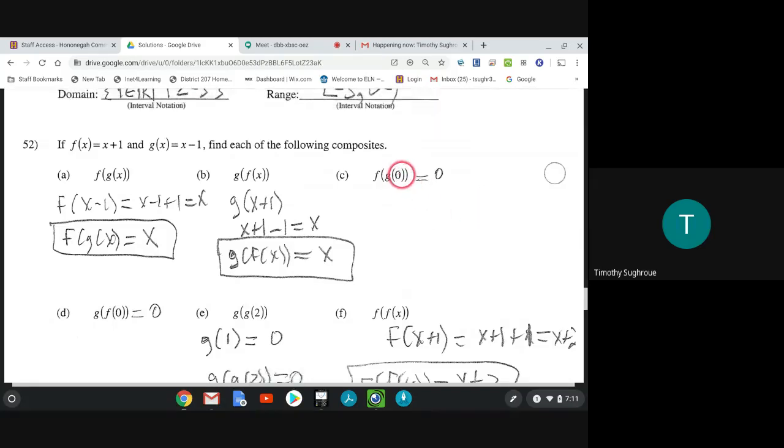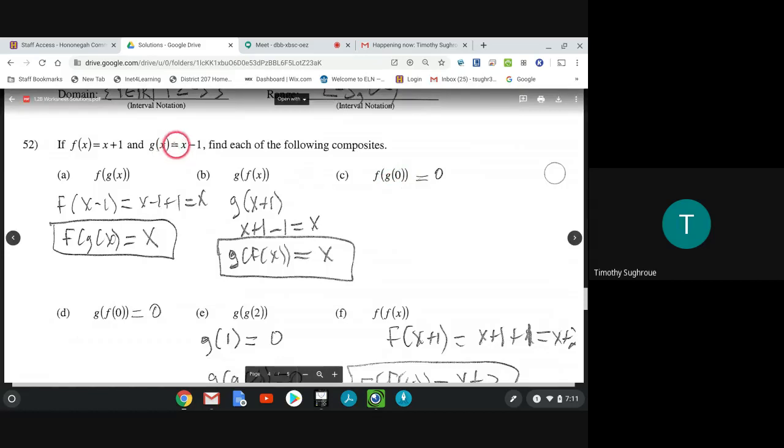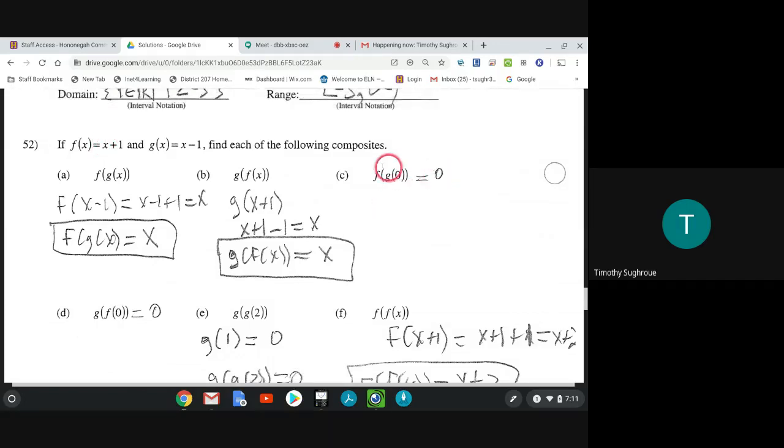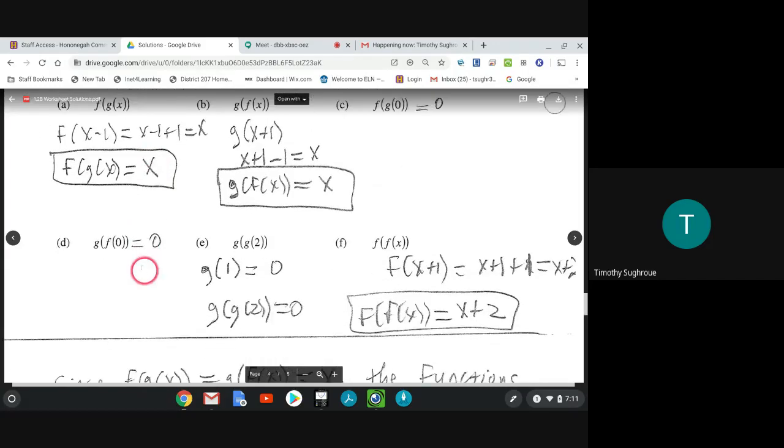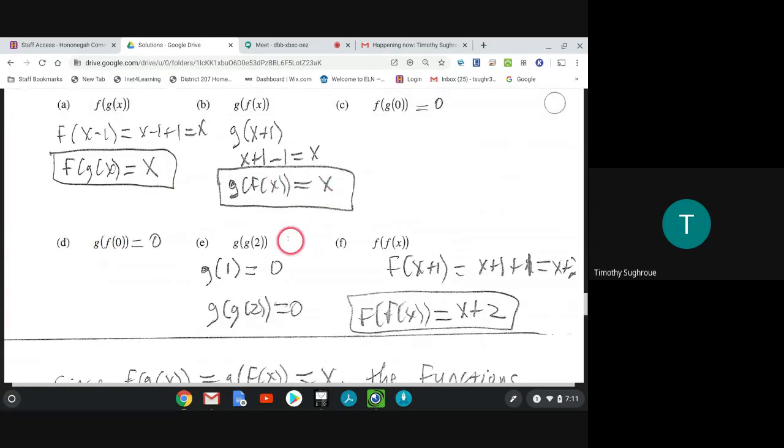If you plug 0 into g, you get out -1. And if you plug -1 into f, -1 plus 1, you get out 0. You can also get this now that we've done this composite, by just plugging it into the composite. If 0 comes in, 0 comes out. Same here. If 0 comes into this composite, 0 comes out. But now look what happens here. g of 2.